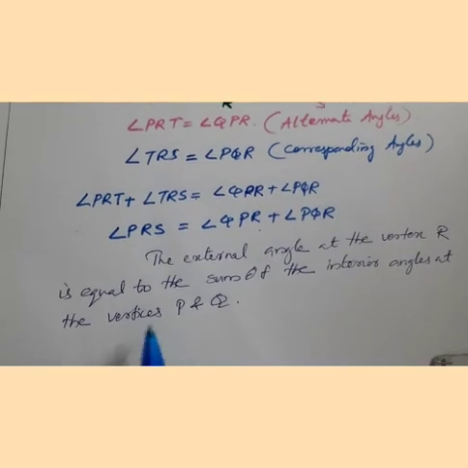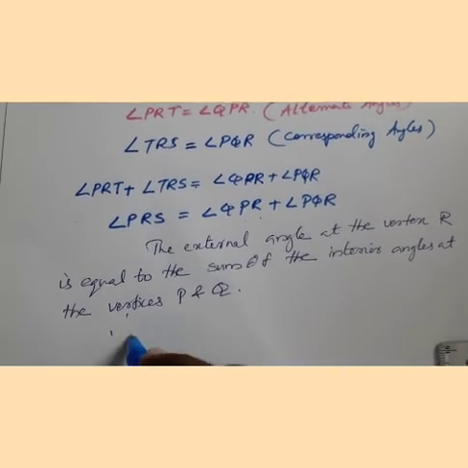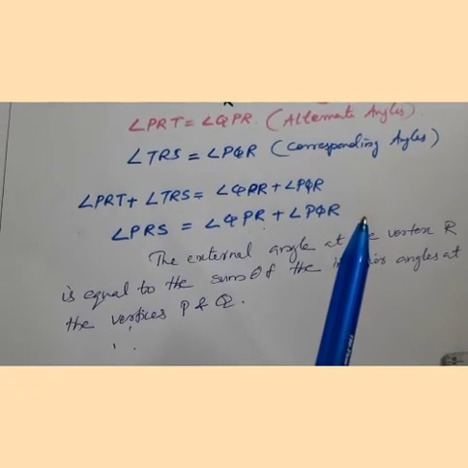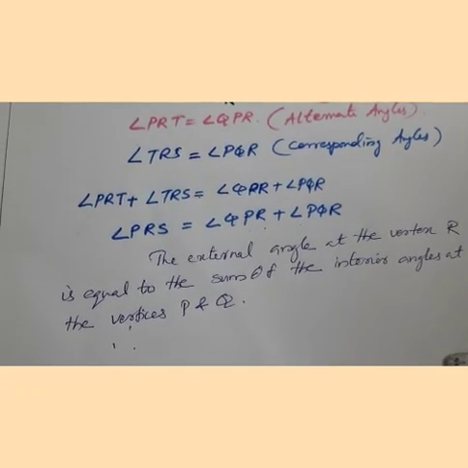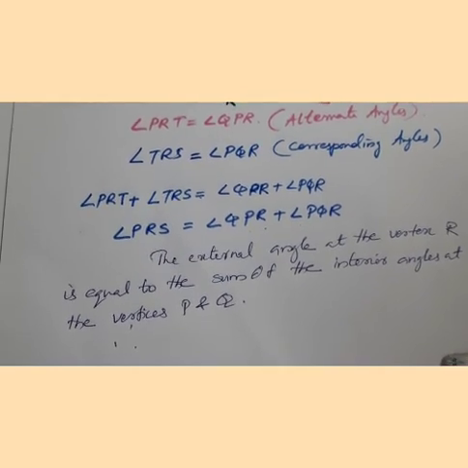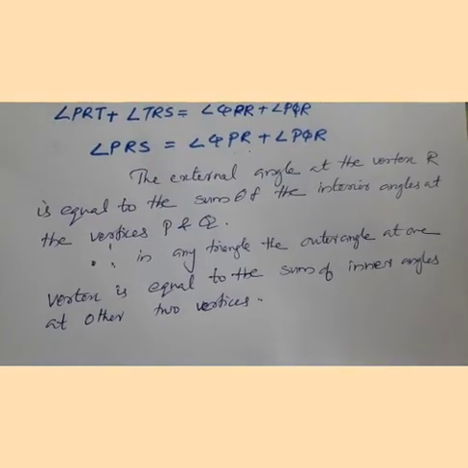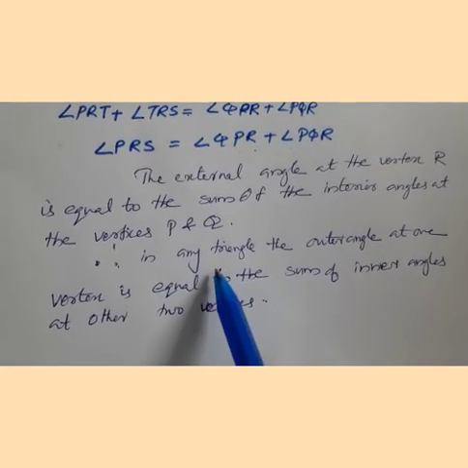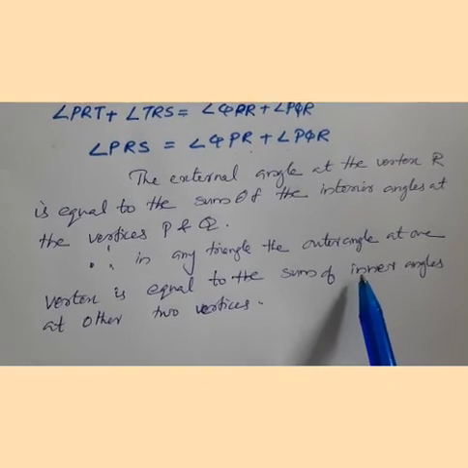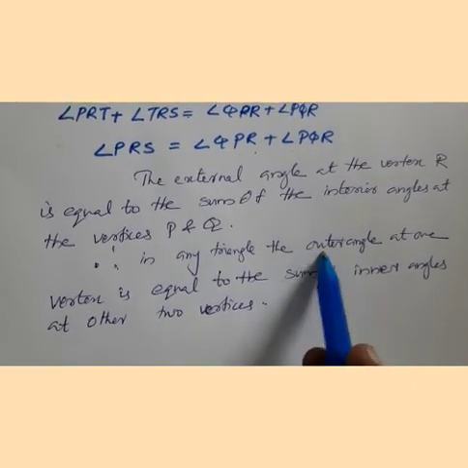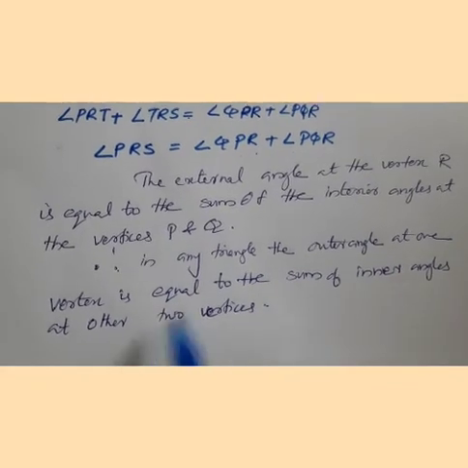Therefore, in any triangle, the outer angle at one vertex is equal to the sum of the inner angles at the other vertices. So write this one at last. Same question, we can repeat it. The outer angle should be equal to the sum of inner angles.